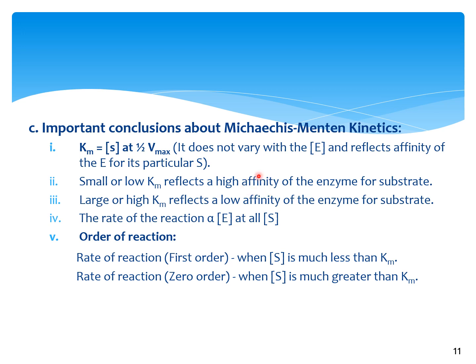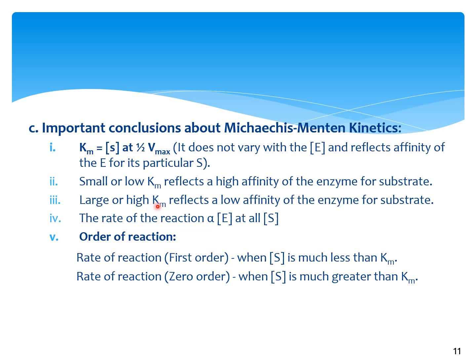Enzyme having high affinity for particular substrate means low concentrations of substrate are required to saturate 50% of enzyme. So small or low Km reflects a high affinity of enzyme.